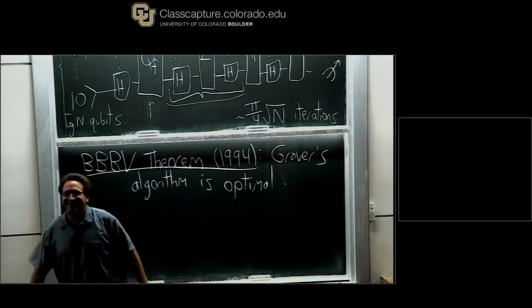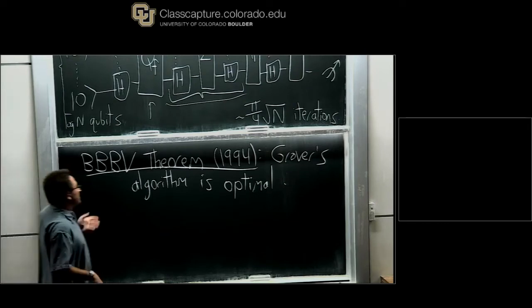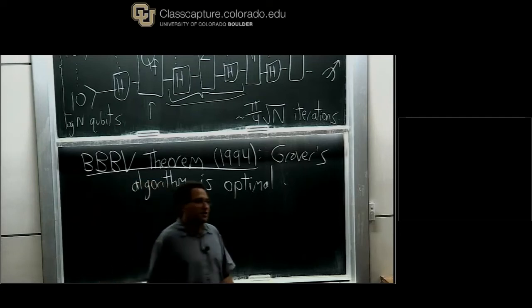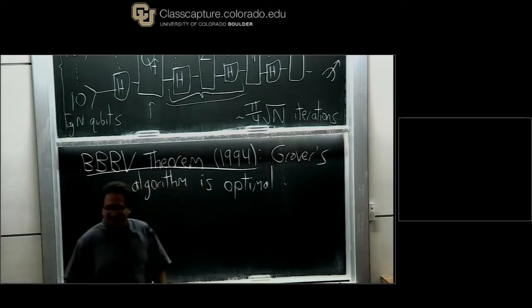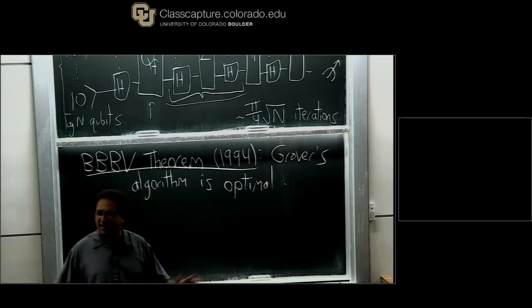So that's the story. This is a beautiful result. If I had another lecture, I could show you three different proofs of this theorem, each one giving different insight, but I don't have time.